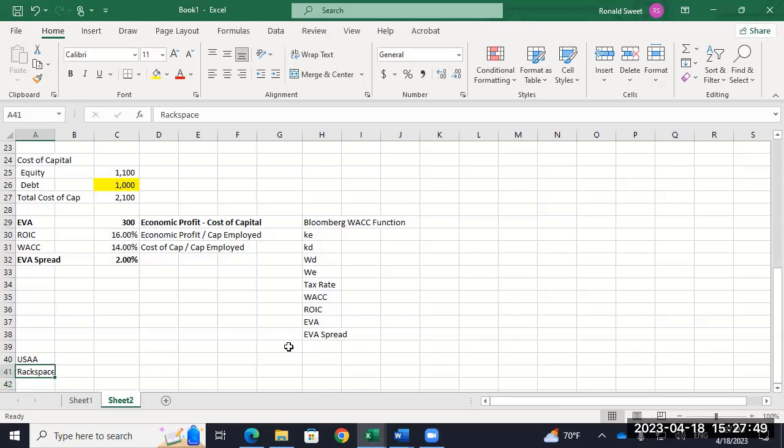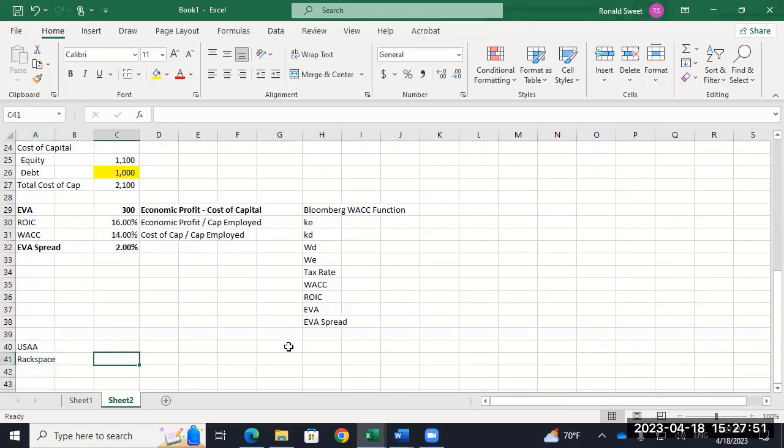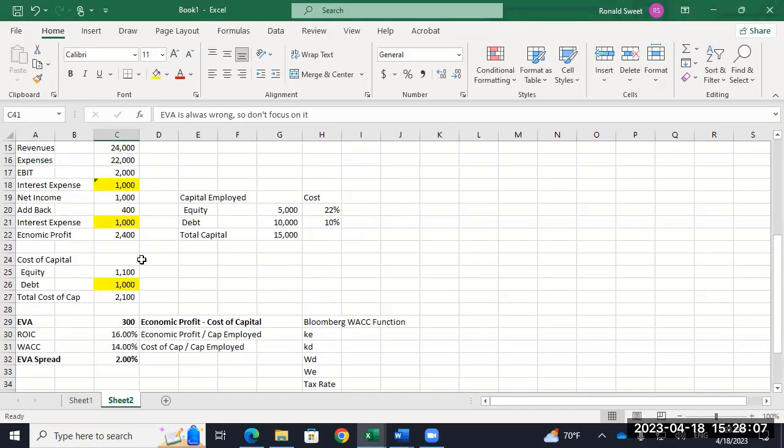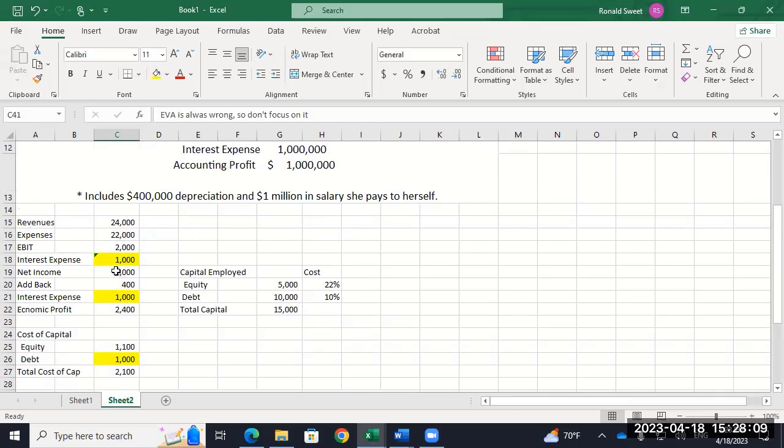But Rackspace, their CFO came and spoke at UTSA, and I thought what he said was really interesting. First, he said EVA is always wrong, so don't focus on it. What he meant is all these adjustments we're going to make are pretty subjective and difficult to come up with, so EVA itself is wrong.